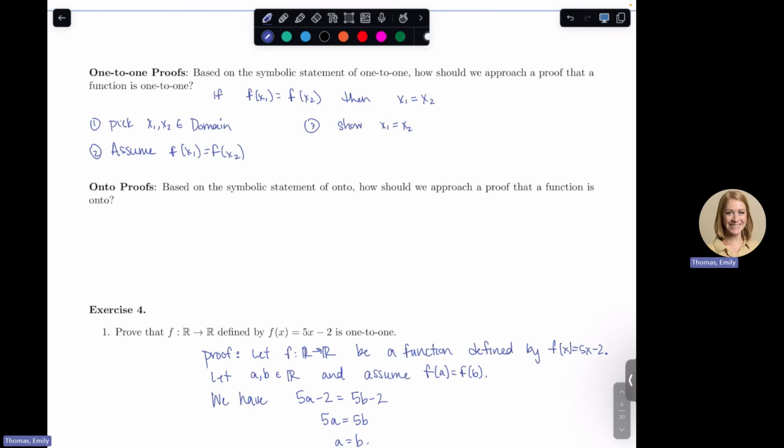So if you have f going from X to Y, you're going to pick a random y over here, arbitrary, and show it has a pre-image in X. We get to construct it most of the time.